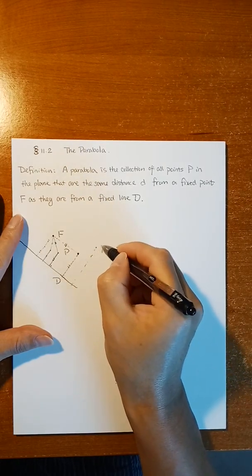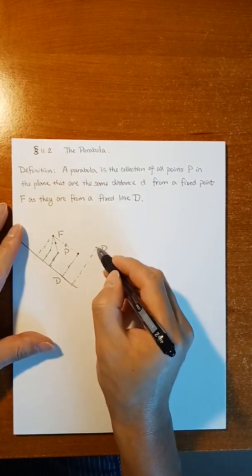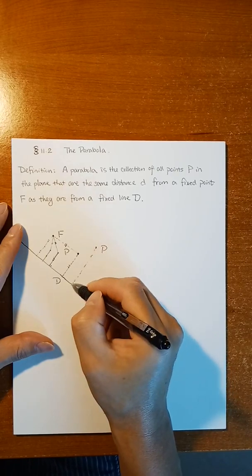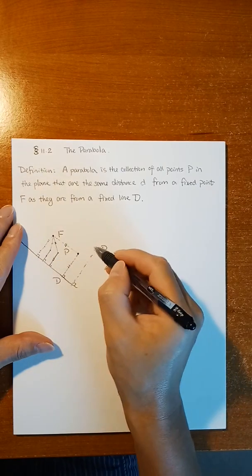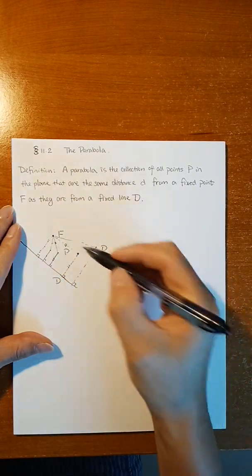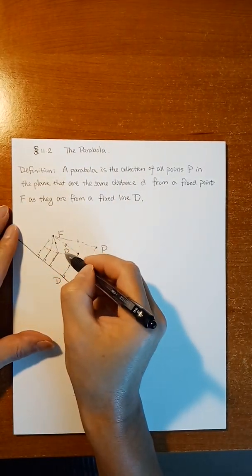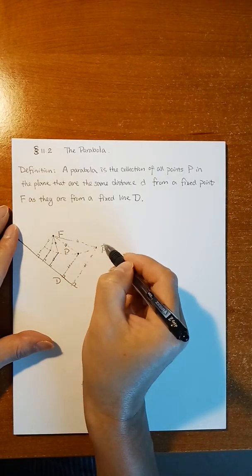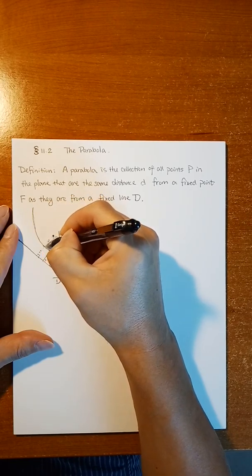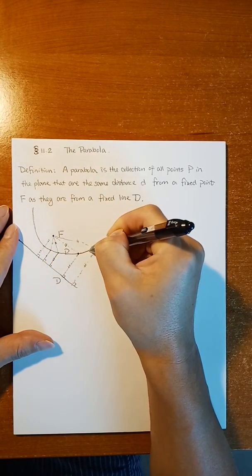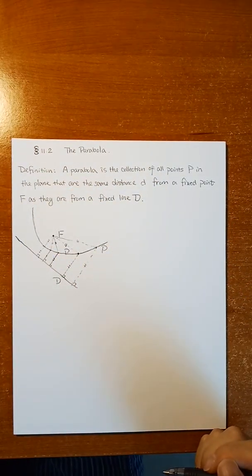The distance between point P and this fixed line is always constructed by projecting this P to this fixed line. This is always a right angle, and the distance FP, you just connect them. These two segments have the same distance, and you just collect them, and symmetrically you will get a parabola, and this whole collection is called a parabola. The collection of all points with this property is a parabola.